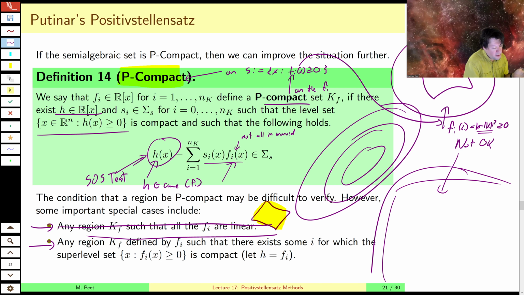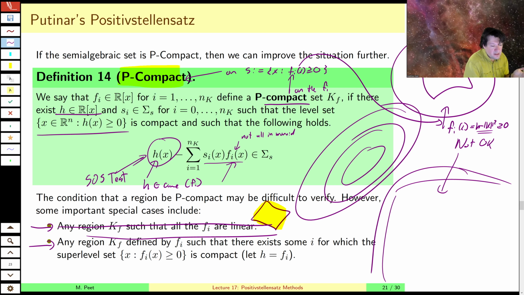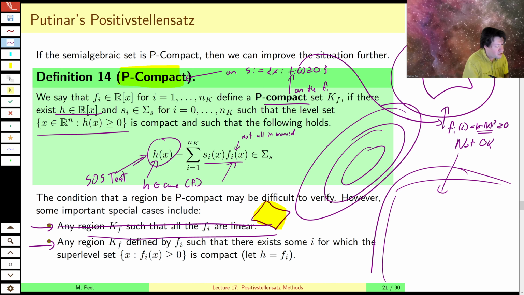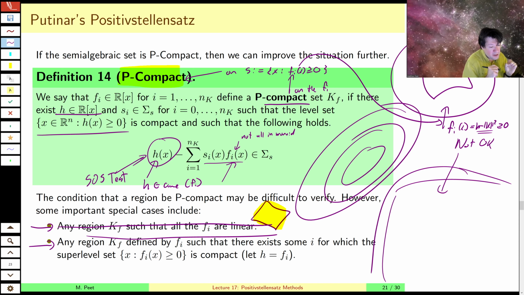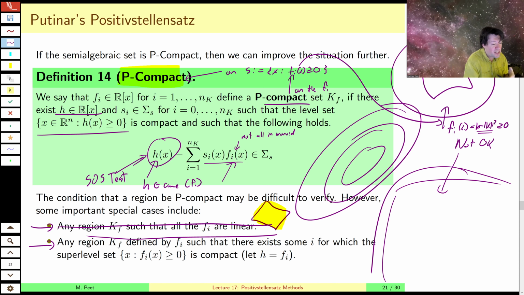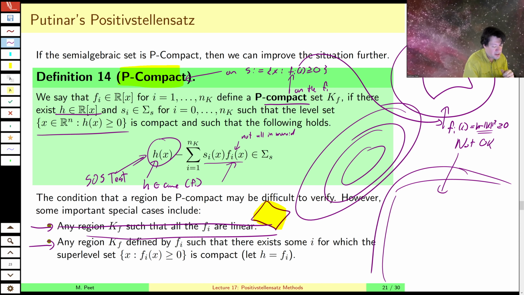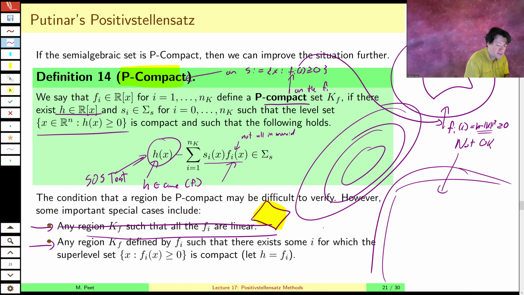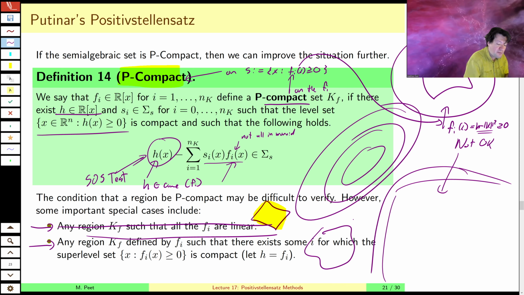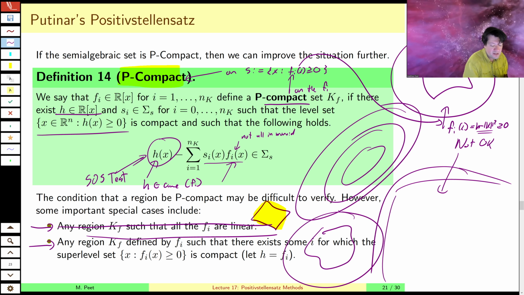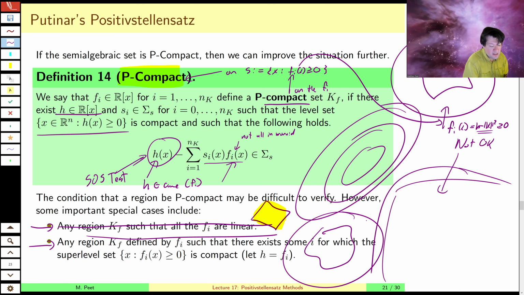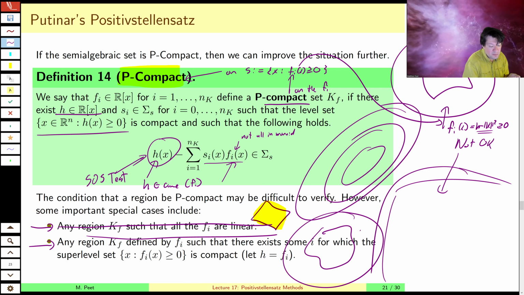A better one, however, is that if you have a set and you're not sure whether it's p-compact, you can add a redundant constraint which satisfies the p-compactness criteria. For example, if you're in Schmudgen's Positivstellensatz and your set is bounded, you can add a ball of sufficiently large radius to that representation, another constraint such that it contains the set, but it's just a ball.